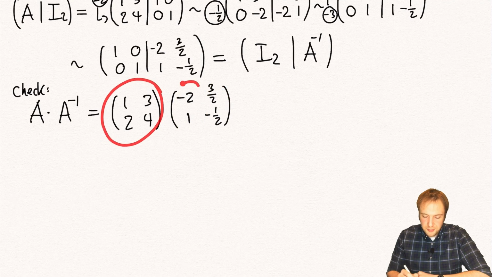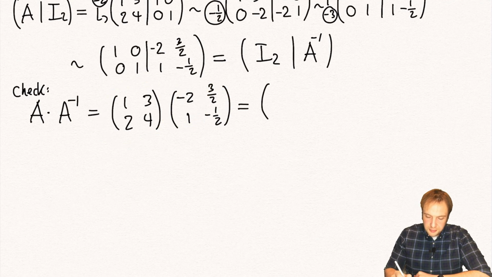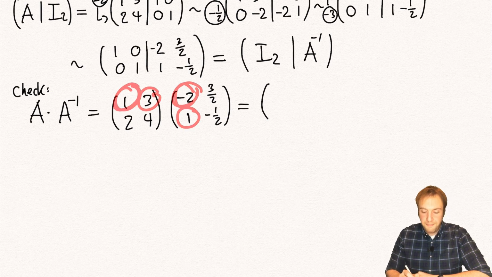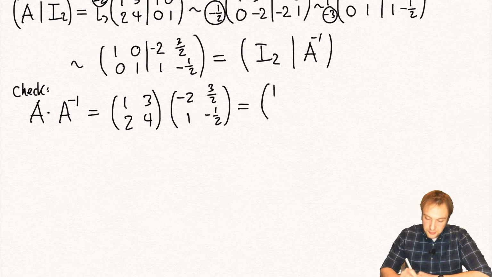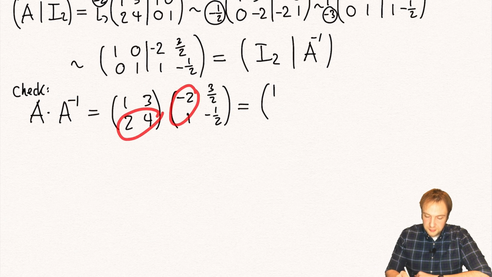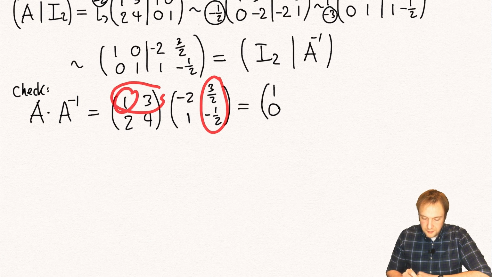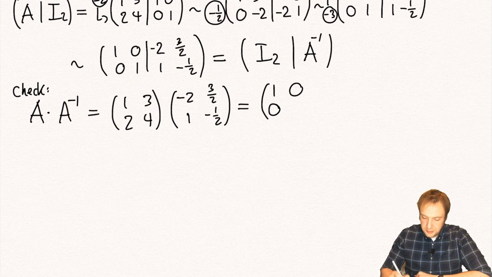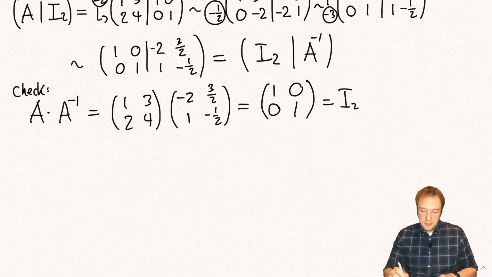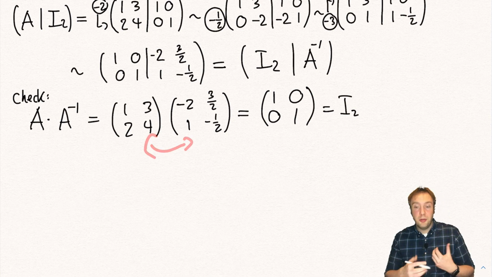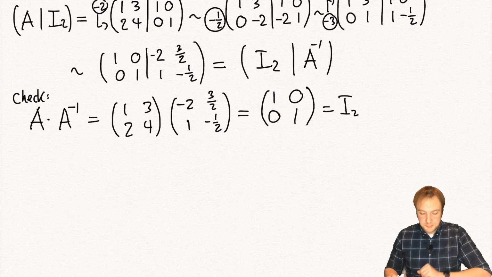So if I multiply this matrix with the first column, we see, well, 2 times 2 plus minus 2 times 1 is minus 2, plus 3 times 1 is 1. And here, this times this gives 0. And here, this times this, 3 half minus 3 times half is 0. And here on the bottom, we get 1. Which in this case is exactly I2. And you can also check if you multiply it the other way around, you also get the identity matrix.